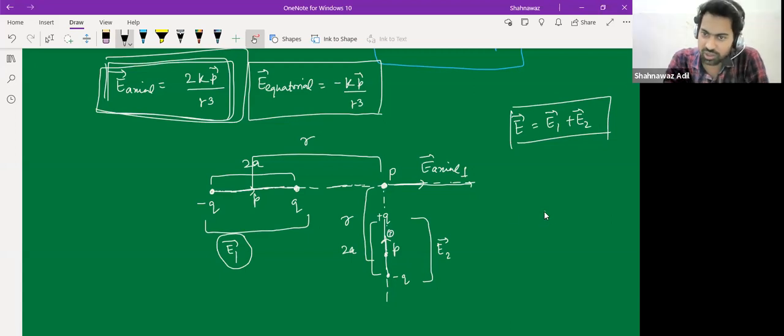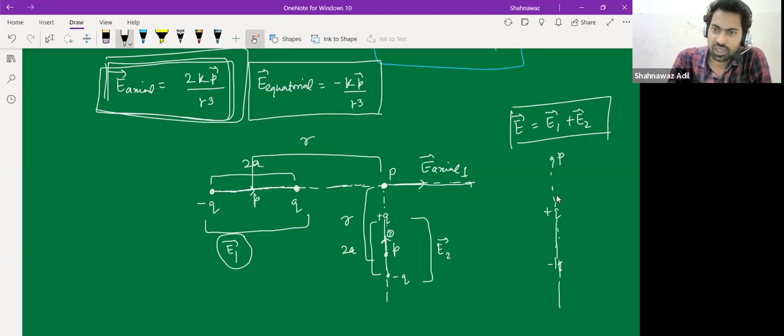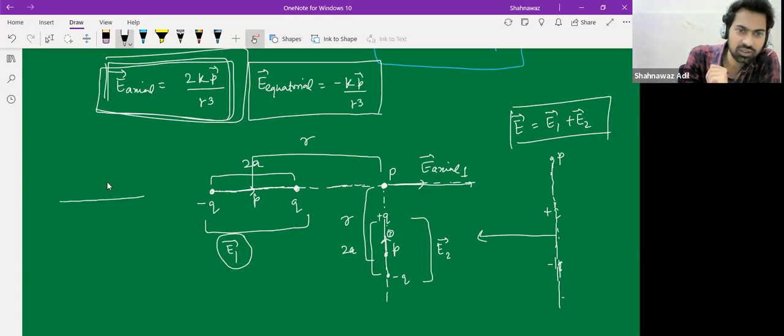Let me draw the diagram. Is it equatorial? Is this on the perpendicular bisector, or is this in the line of the axis? Just think about that and then tell me the answer. Equatorial is this, when you have this charge and this is the perpendicular one.